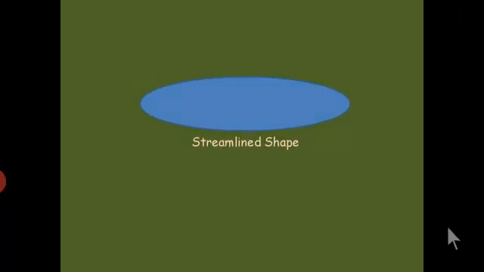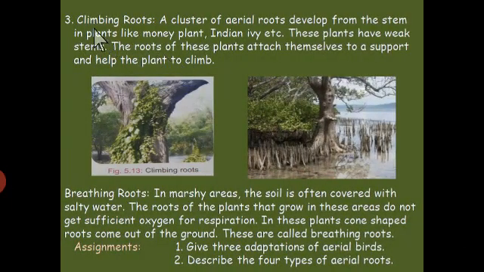The third type of aerial roots are climbing roots. A cluster of aerial roots develop from the stem in plants like money plant, Indian ivy, etc. These plants have weak stems. The roots of these plants attach themselves to a support and help the plant to climb.